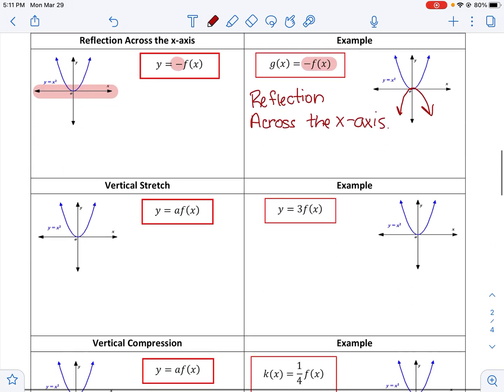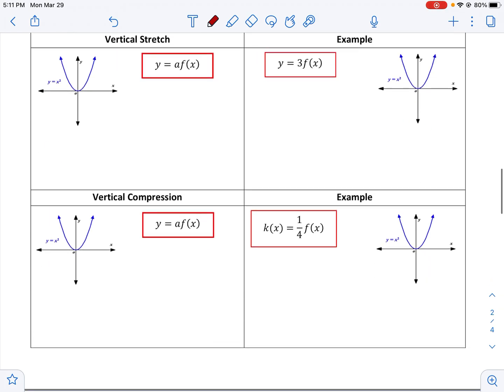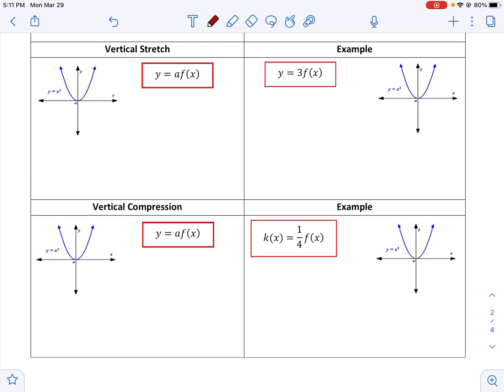Okay, looking at the next one, we have a vertical stretch versus a vertical compression. So these are both with A, but the difference is one is going to be when A is bigger than 1, and the other one's going to be when A is between 0 and 1.